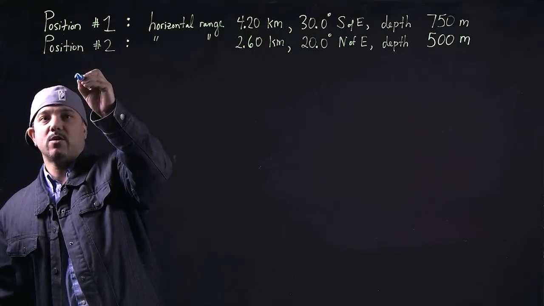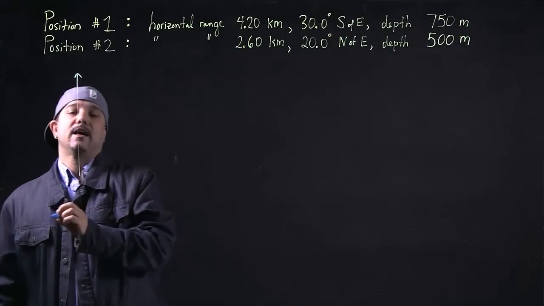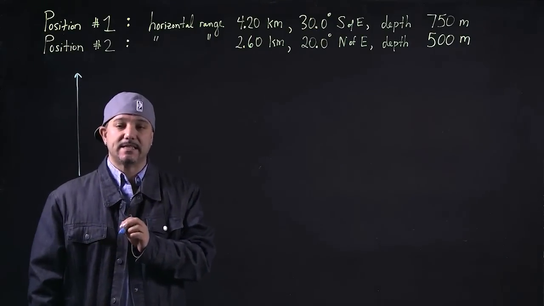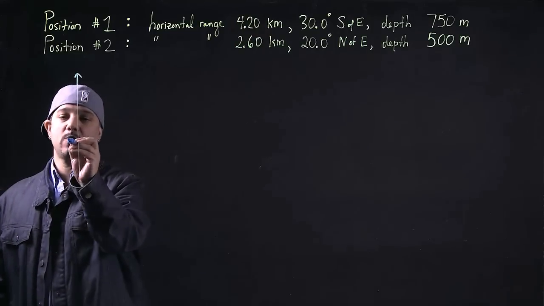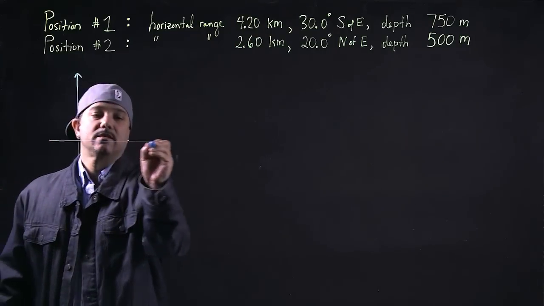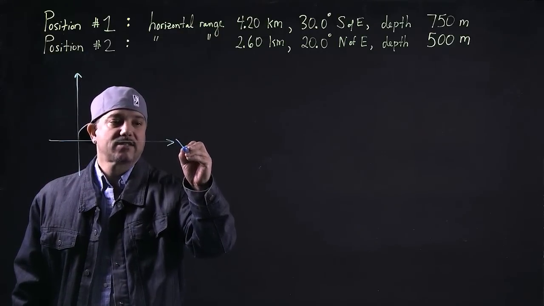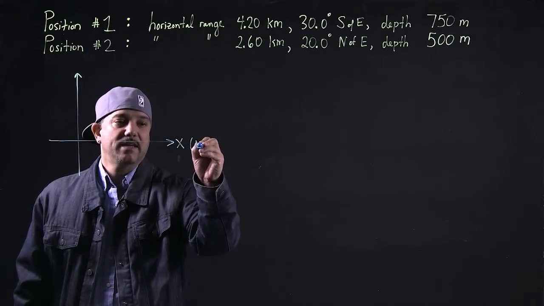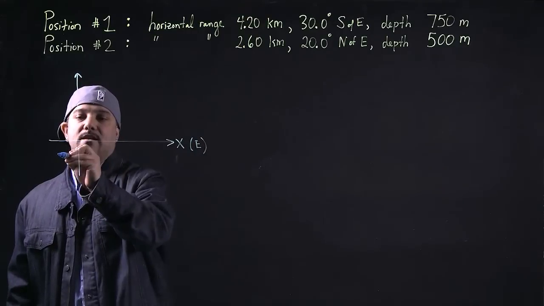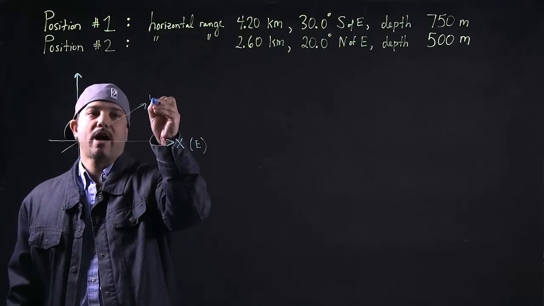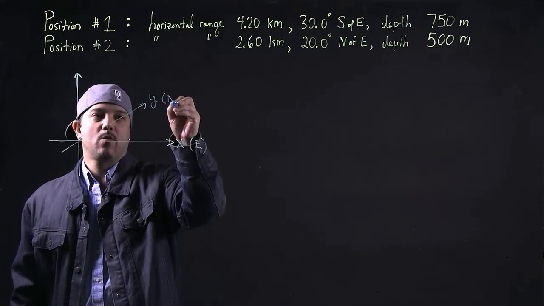My z coordinate is going to be up, and then I'm going to have x pointing towards the east and y pointing towards the north. So here is my x coordinate, and that will be east. In 3D, this will be my y coordinate, and that will be north.